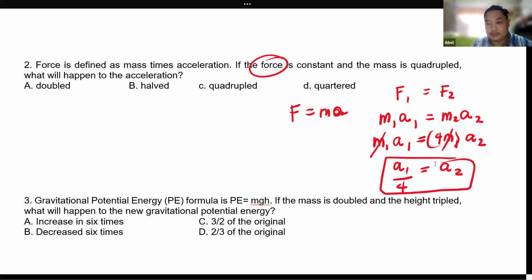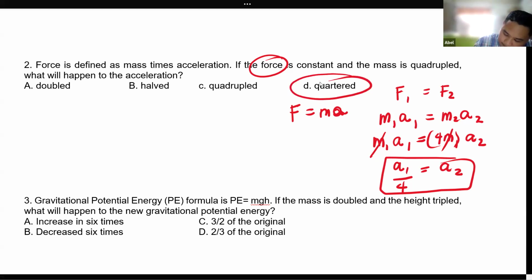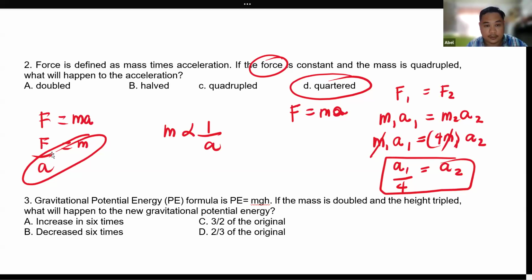Now, I want you to look at the answer, even if you're not going to do the math. Since the mass and acceleration are inversely proportional. Look at this. F is equals to ma, but mass and acceleration are in inverse proportion.